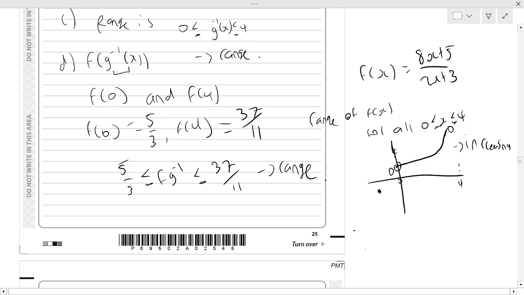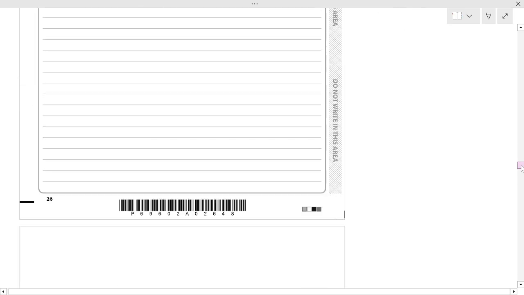You get a mark for evaluating at each endpoint, so f of 0 and f of 4 are 2 marks, and you get a mark for the range. There's no real reference to proving the function's increasing, just seeing that it's increasing. But like I said, you could have a turning point that is actually the maximum, so just be careful with these sort of range questions. But that is the answer. Hopefully it made sense.